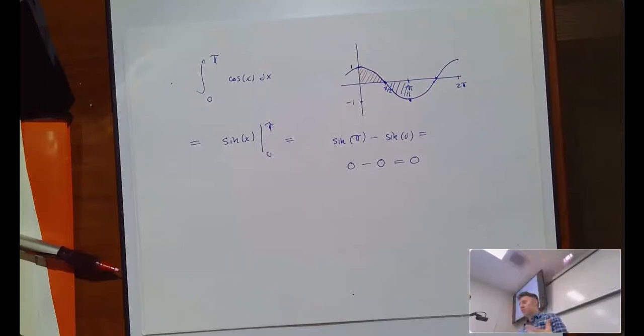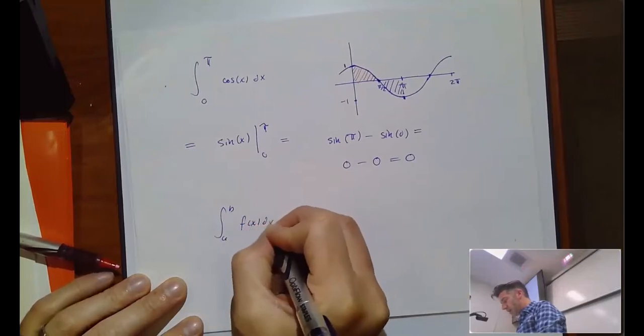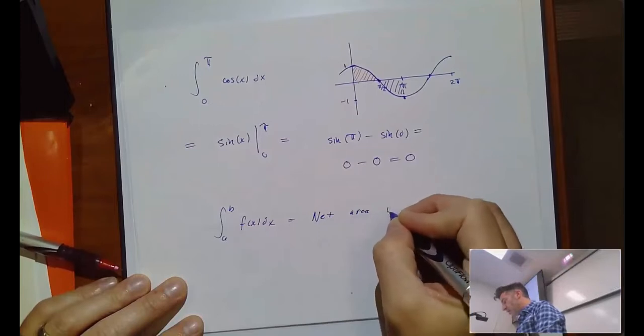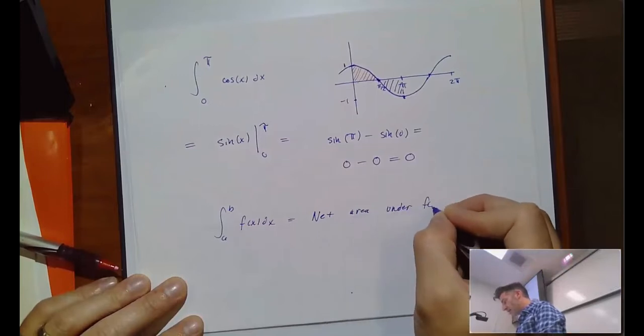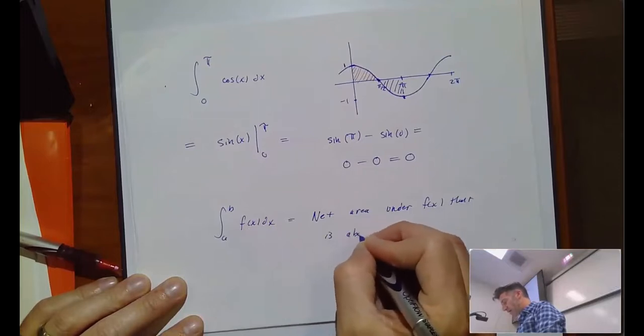And essentially, you could take all the positive areas and subtract all the negative areas, and then you have the net area. So really, when you're integrating a function from a to b of f of x dx, it is the net area under f of x that is above the x-axis.